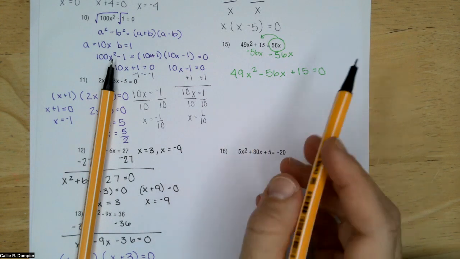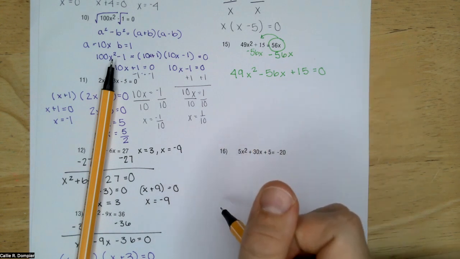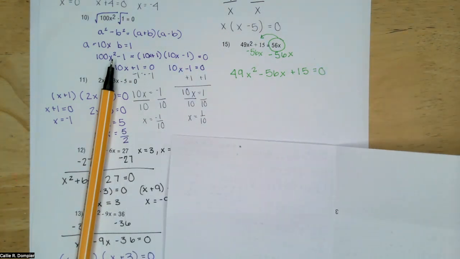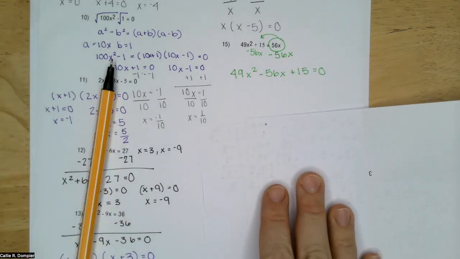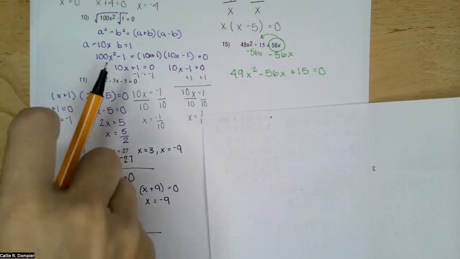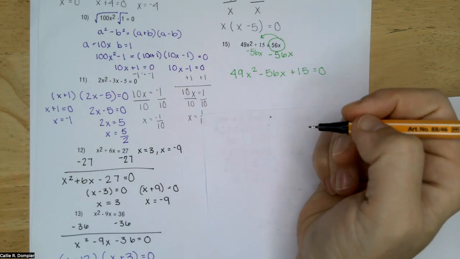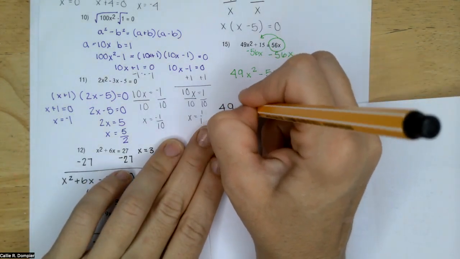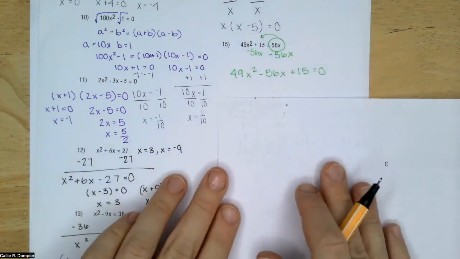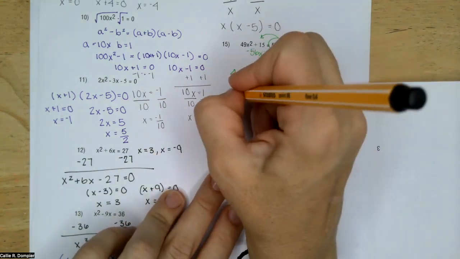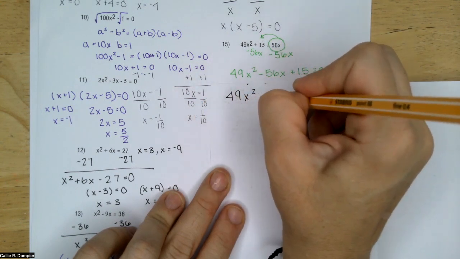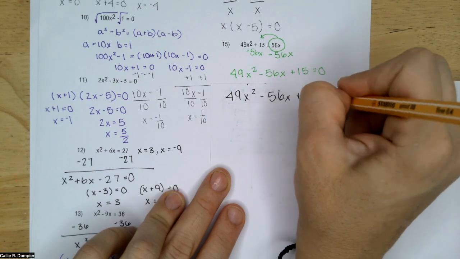It's just going to be a really big number that we're going to try to find the factors of. So 49x squared minus 56x plus 15 is 0.